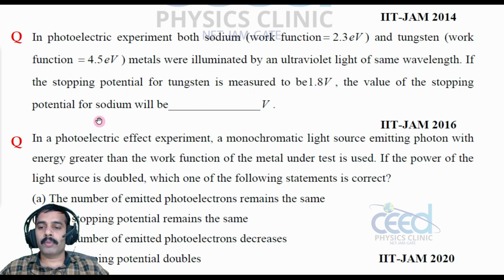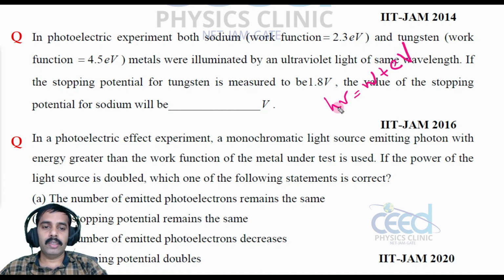The value of the stopping potential for sodium will be, okay, so we are using the same ultraviolet light in both cases, right? So we may write the energy as h nu is equal to the work function plus the kinetic energy in terms of stopping potential, that is eV.